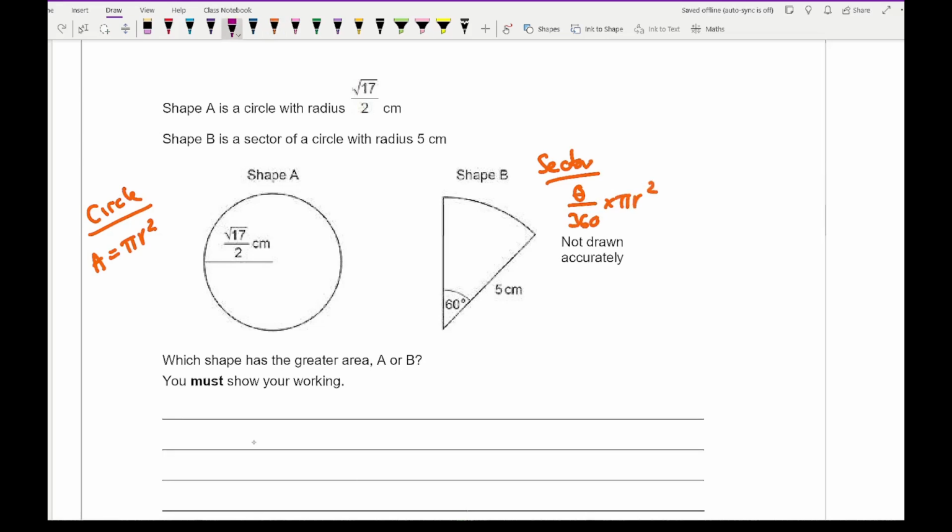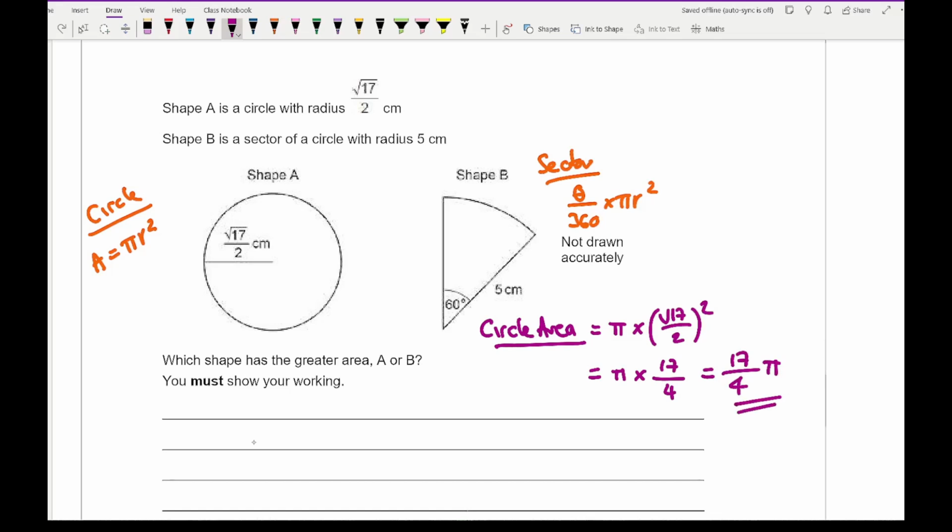So then working with the circle, that's going to be pi multiplied by the radius squared, which is root 17 over 2 squared, which is going to give me pi times, now root 17 squared is going to give me 17, 2 squared is going to give me 4, so that's going to give me an answer of 17 over 4 pi.